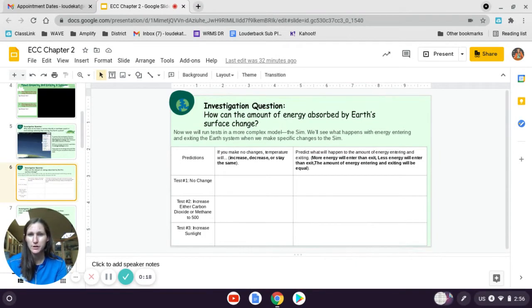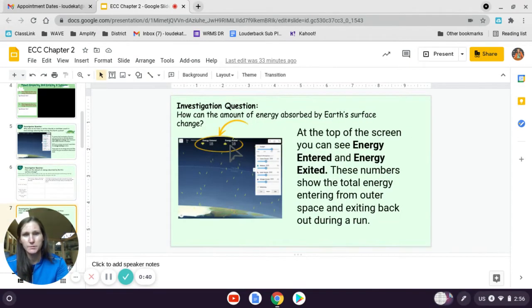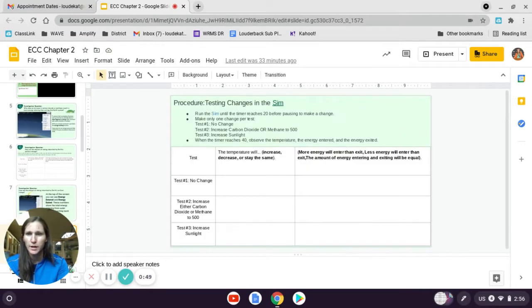We're doing a standard no change test, so we know what a regular setting is for the Earth, and then we're going to see what happens when we increase either carbon dioxide or methane, and then increase the sunlight in terms of the energy that's being trapped on the surface of the Earth. In the simulation, we really want to pay attention to the arrows of energy entering and exiting. So I'll point that out a little closer when we open up the sim.